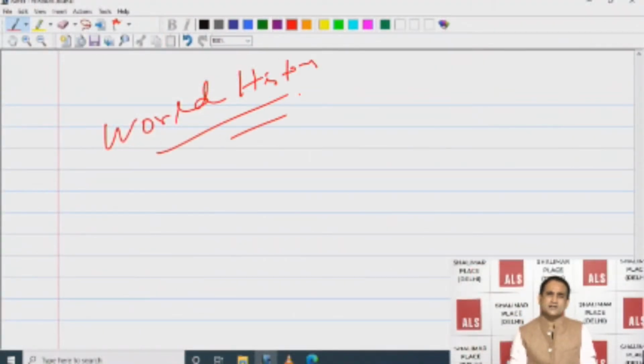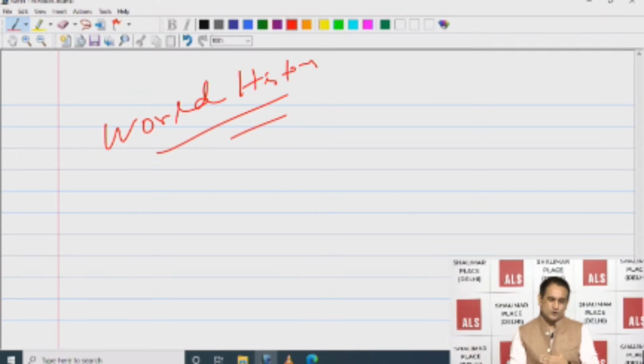If they are asking Malaya in decolonization in general studies, they are also asking Malaya in optional. If they are asking mercantilism in general studies, they are also asking mercantilism in history optional. If they are asking the ideas of enlightenment in general studies, they are also asking it in world history. So even if the syllabus is detailed, you need to prepare this for your general studies.